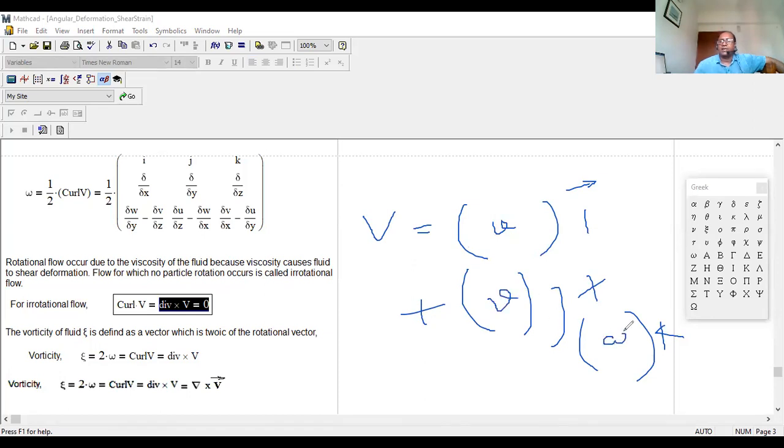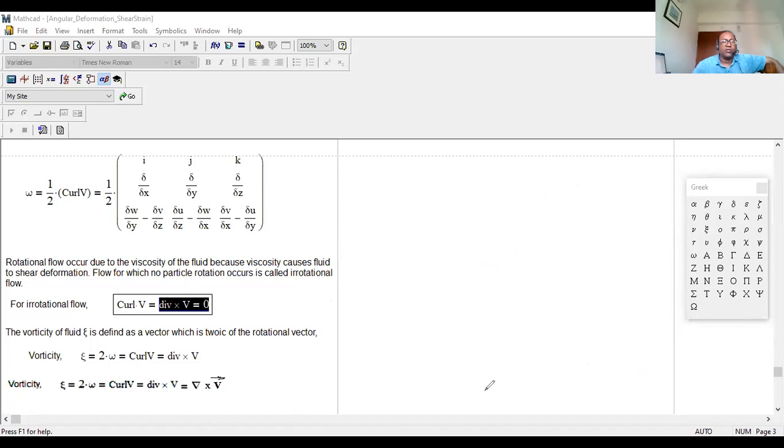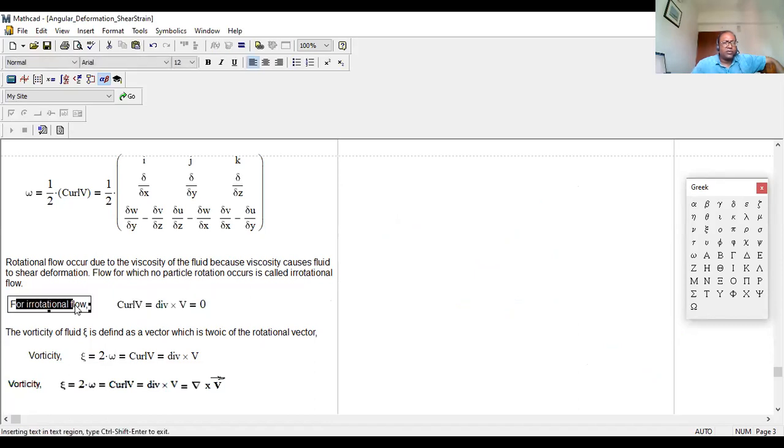Then I say figure out if the flow is irrotational or rotational. You figure out this vector. If it's coming 0, that means the flow will be irrotational. If it is not 0, then there will be rotation or vortex in the flow. So you see, curl V is 0, then flow is irrotational.